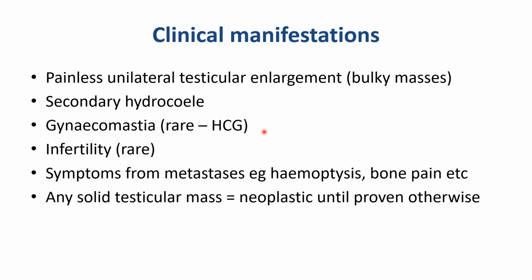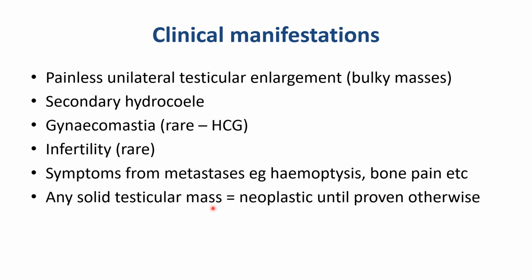Rare presentations include gynecomastia due to elevated HCG or infertility if you have destruction of the testicular parenchyma. However, these are uncommon. Patients may also present with symptoms from metastases. For example, if there is metastasis to the lung, then patients can have hemoptysis. If there is metastasis to the bone, then the patient can have bone pain, etc.